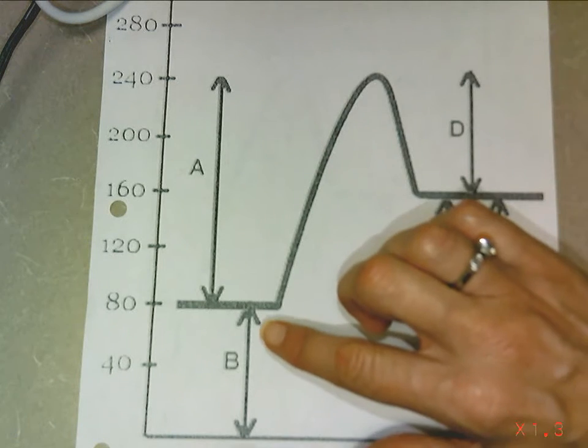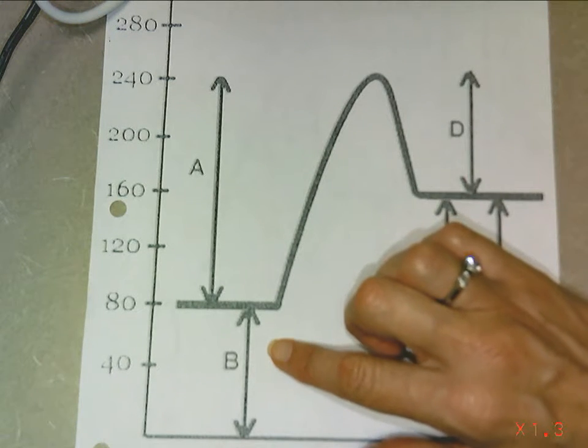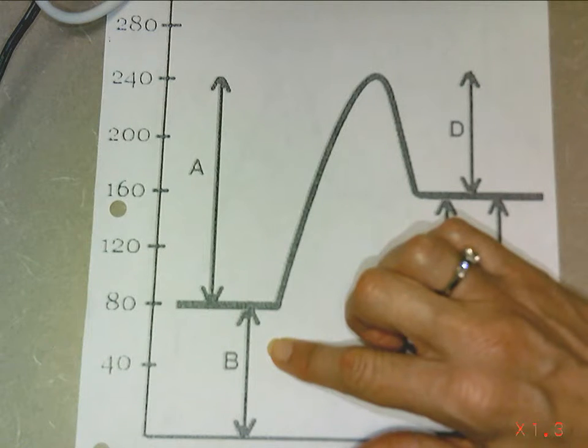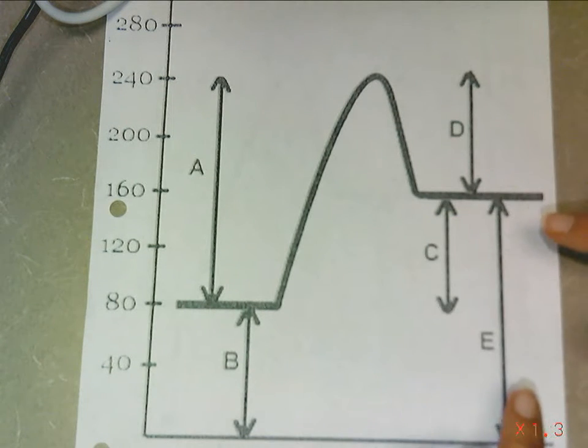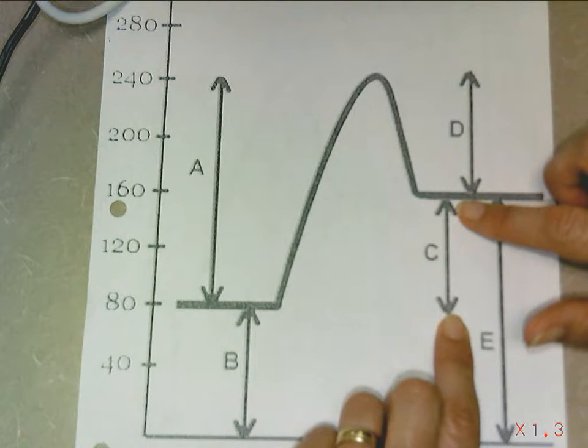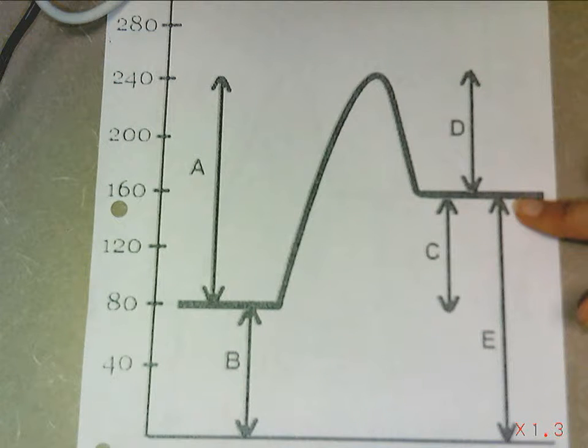What is the value of the enthalpy of the reactants? Okay, good. What is the value of C? The enthalpy of the reaction overall is 80. What is the value of E? 160.